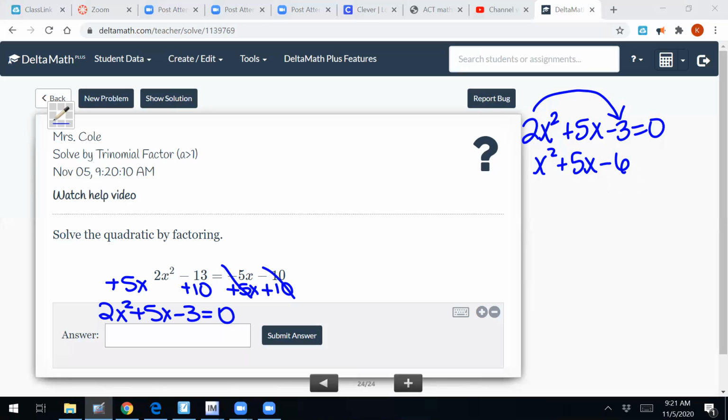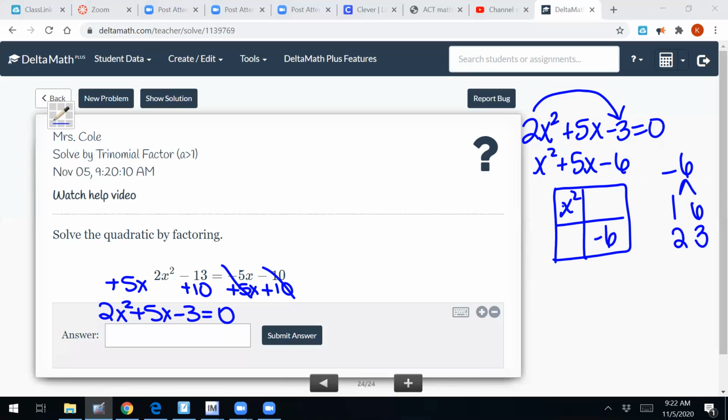Once you get to this point, what are you going to do? Make a square. X squared is there. Negative 6 is there. What are the factors of negative 6 that give you 5?